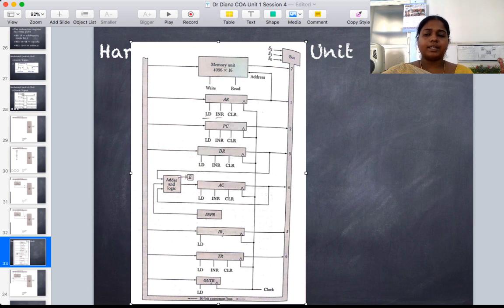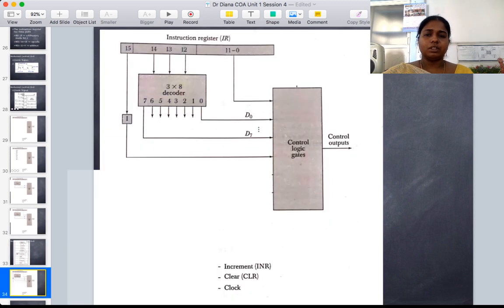Now with that idea, we are going to use the same idea for generating these control signals also. Now I need to tell which device has to be activated. Having that in mind, if the bit 15 is 1 or 0, it can either be direct addressing or indirect addressing. So that is also given as a control input.